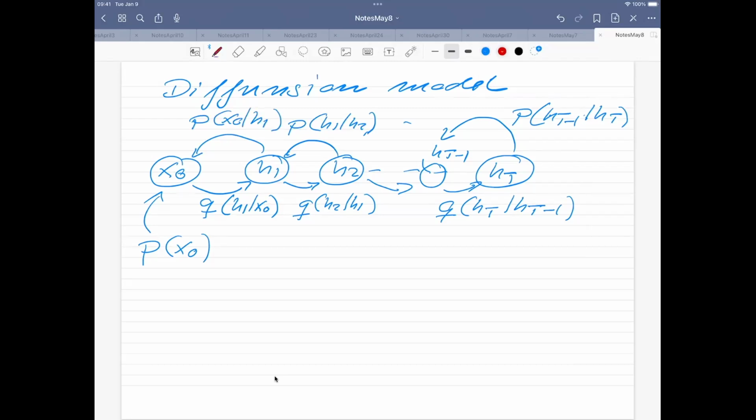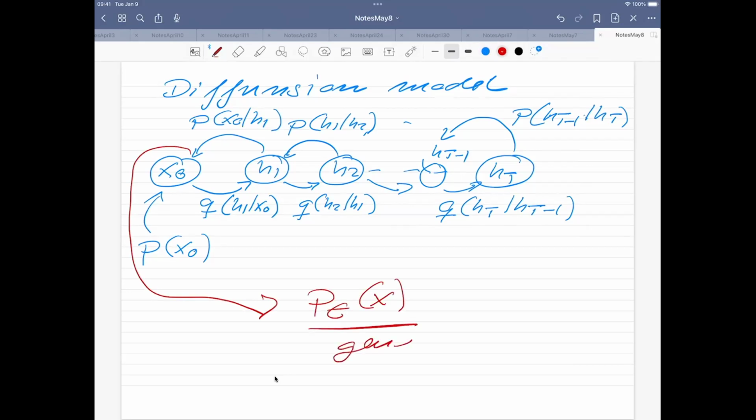This final quantity is the one which is used to generate a P of theta of X, which we are then going to use to generate the new events. And we are going to call it X0 tilde. We typically want X0 tilde to be as close as possible to the original X. And a typical way to calculate whether we are close or not is to calculate the mean squared error of the data set which we have.